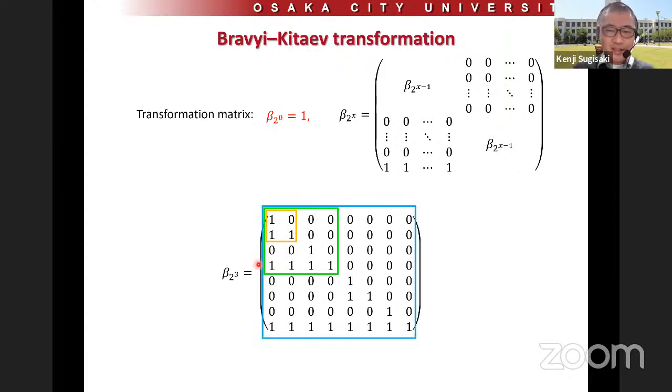Again, this part is copied and pasted here. The upper right part is 0, and the bottom left part is the bottom row, where the bottom is 1 and the others are 0. So we can construct the Bravyi-Kitaev transformation matrix as shown here.